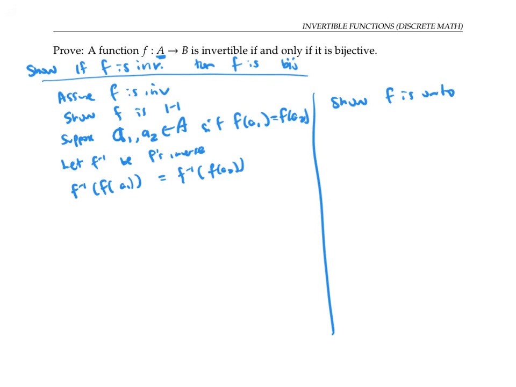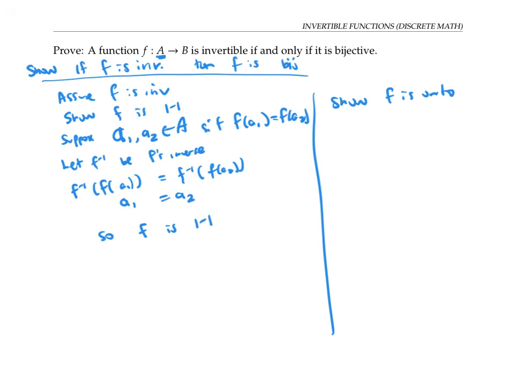But F inverse composed with F is just the identity function, right? So F inverse of F of A1 is just A1, and so A1 equals A2, which is exactly what we need to show that F is 1 to 1, right? We showed that if 2 elements of the domain get sent to the same place, then they were in fact the same element. Another way to say the same thing, the contrapositive, is that if we had 2 different elements, they couldn't possibly go to the same place.